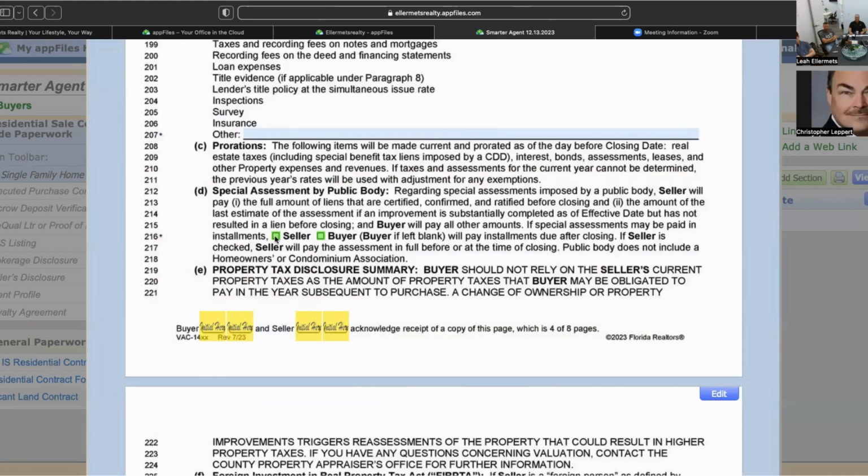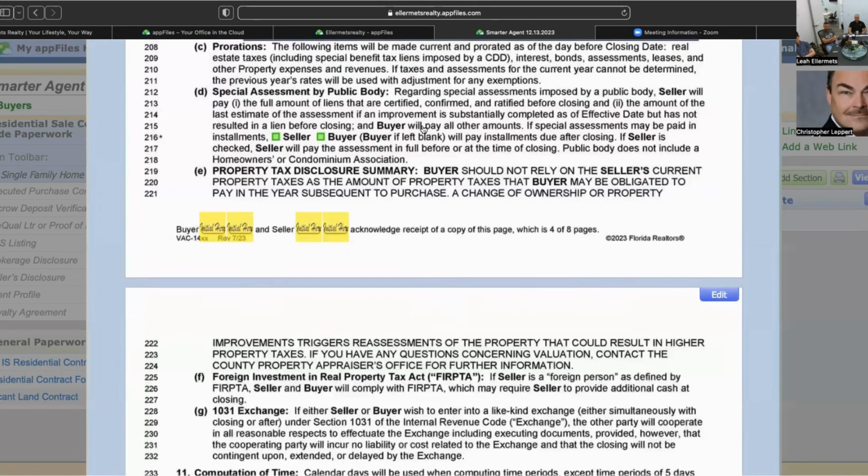Do they pay them? Does a buyer pay them after closing and a seller pays them before closing? Or does a seller have to pay them off in full? These are things that you can determine again and negotiate if need be. Again, CDDs and taxes, things like that, it's just seller pays till closing, buyer owns it after, right?